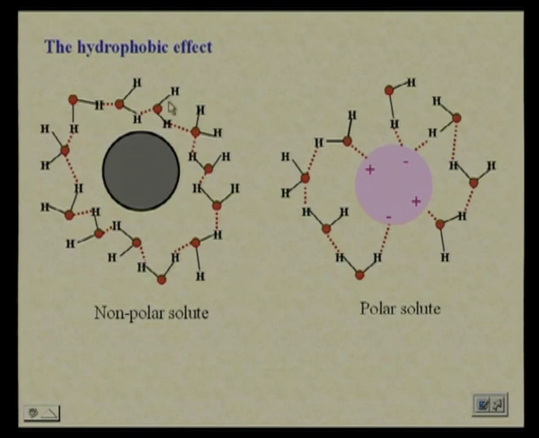Now, what do we have here? This is what we mentioned about the hydrophobic collapse, or the hydrophobic effect, so to speak. When we have a non-polar solute, there is no possibility of hydrogen bonding. Why? Because we do not have any polar group or any group that can act as a donor. What do we have to have? We have to have a donor and an acceptor. But in the case of a polar solute, what do we notice?